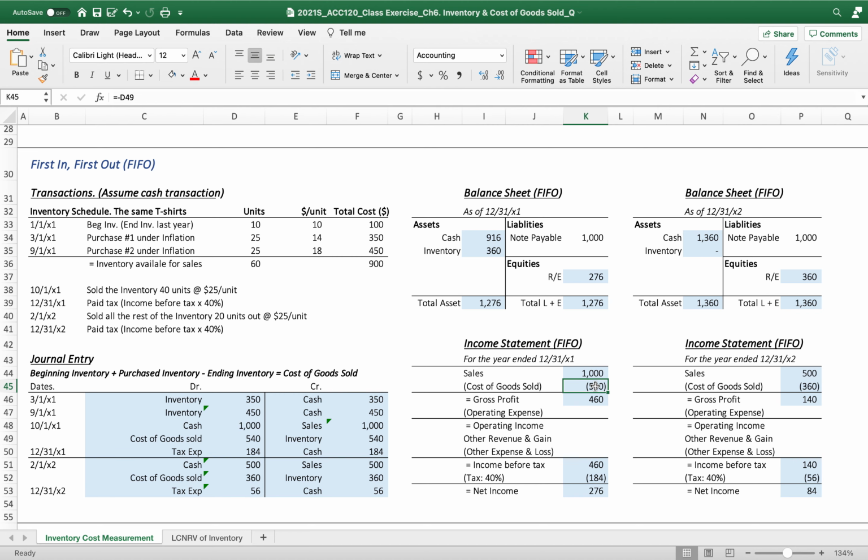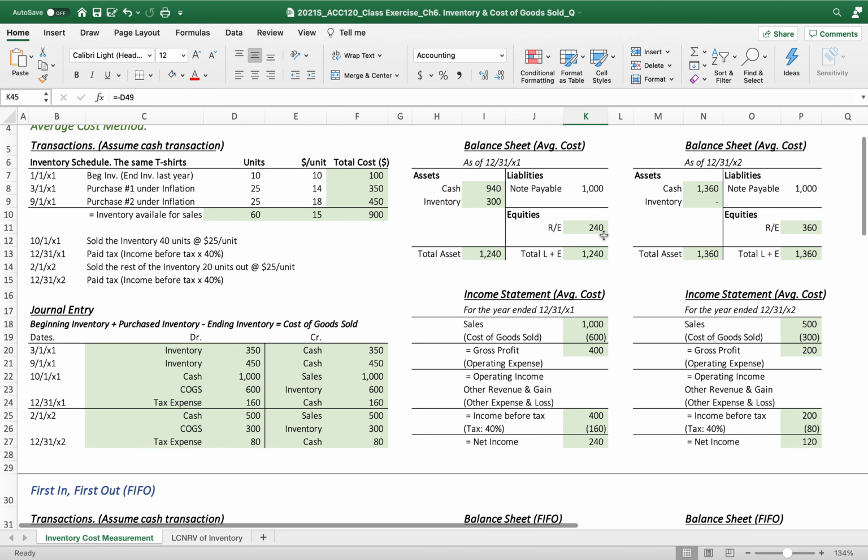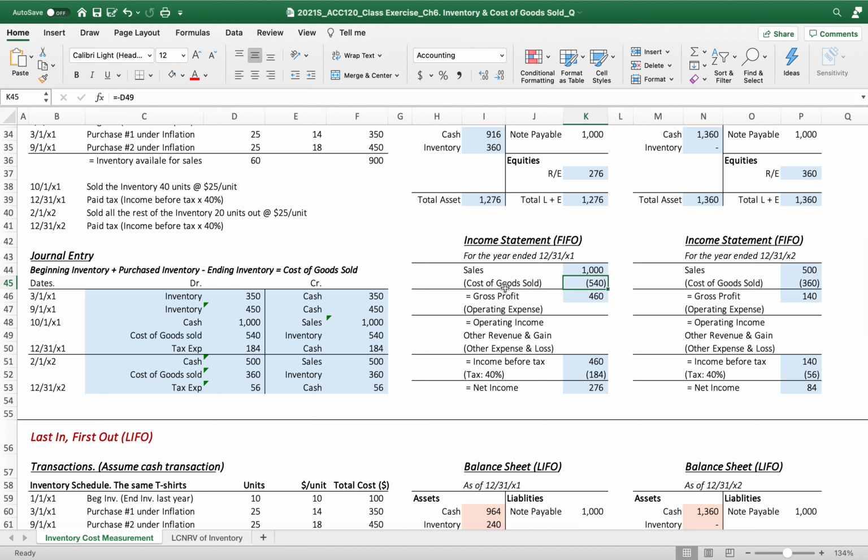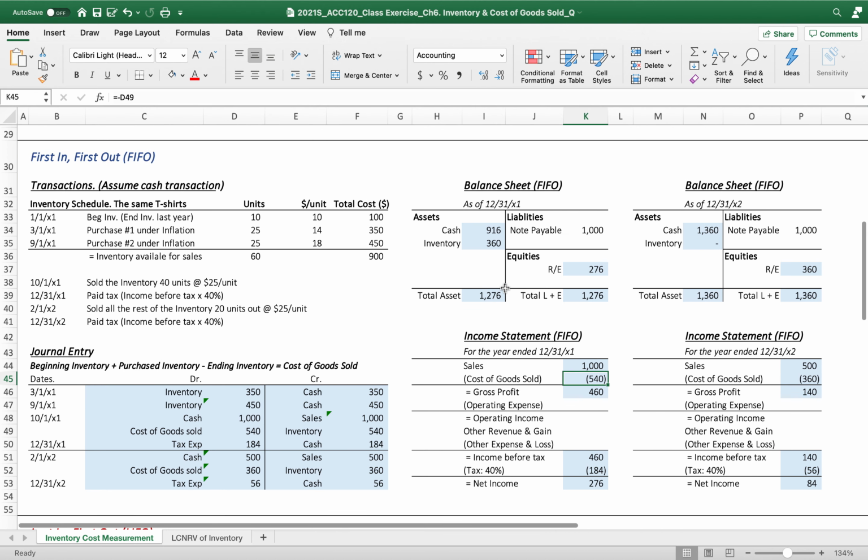But compared with the average cost method's cost of goods sold of 600, the cost of goods sold under FIFO is cheaper. Why? Because we count cost of goods sold from the first inventory purchased, which is the cheapest one, right? That's why.